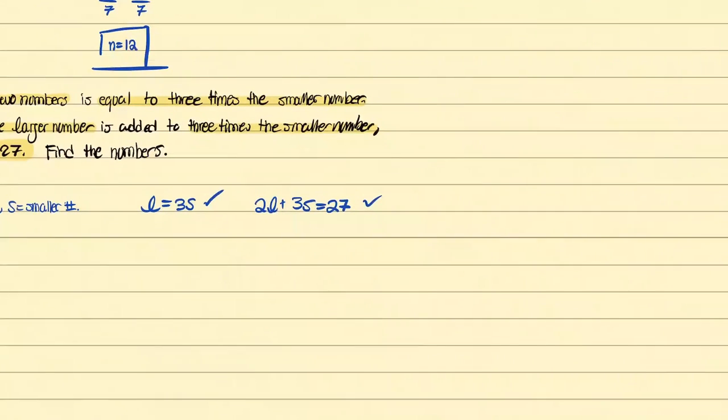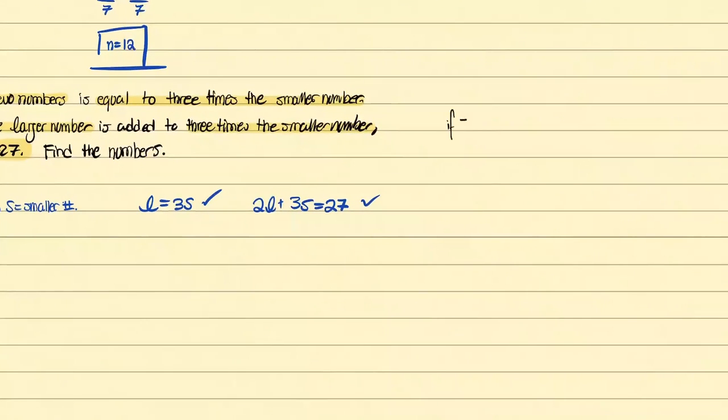So put that over here. If I have n unknowns, so just some number of unknowns, I need at least n equations to solve for all unknowns.